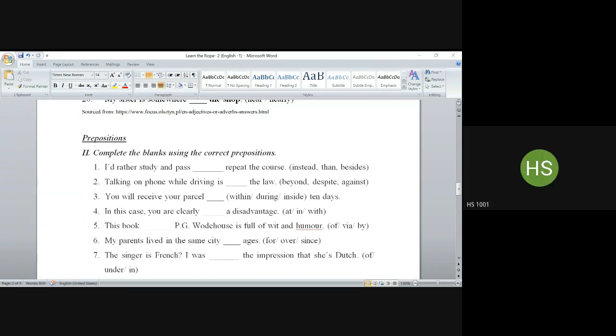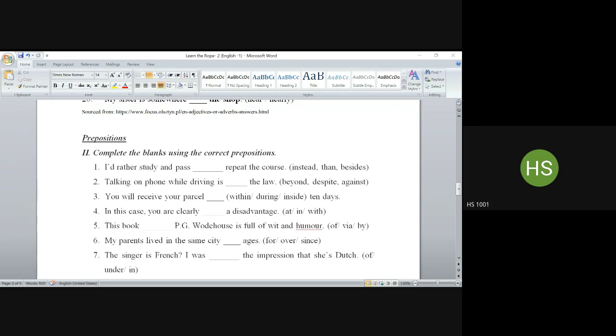No, don't bring in since here. We are not discussing that here. Yes, you are right that we use it with the perfective forms of present tense, but let's not confuse things at this moment. Just keep the basic prepositions in mind: in, on, at, and for. I brought in for because I wanted to show a period of time.